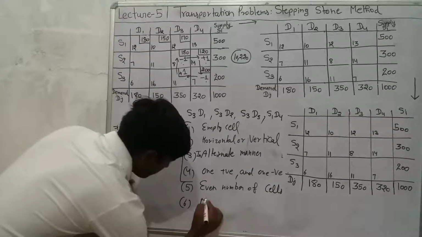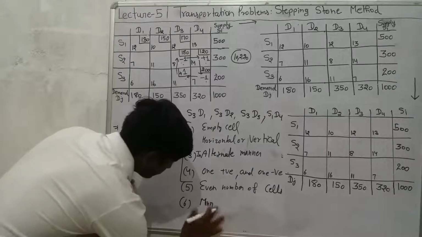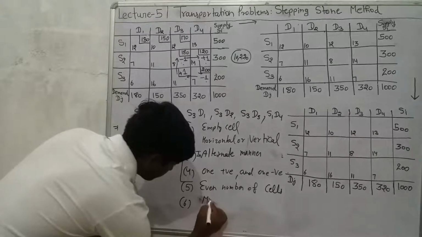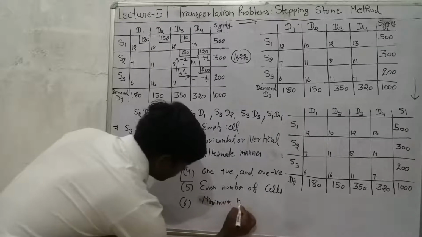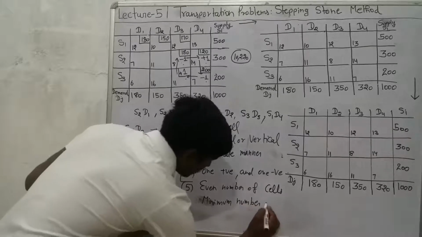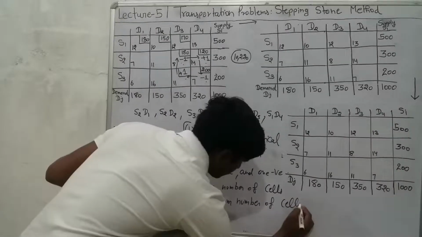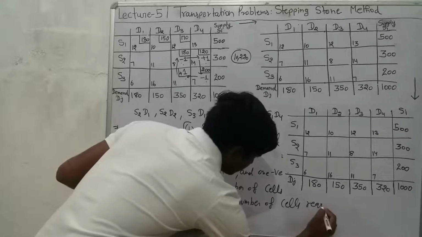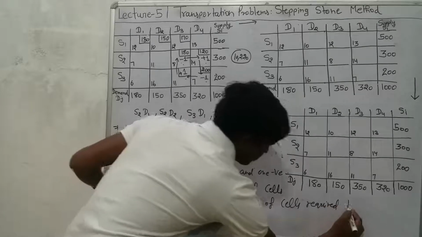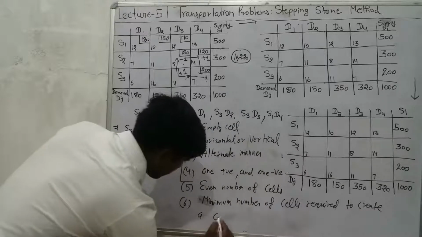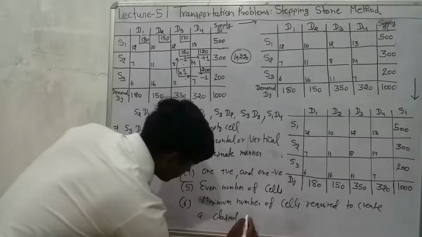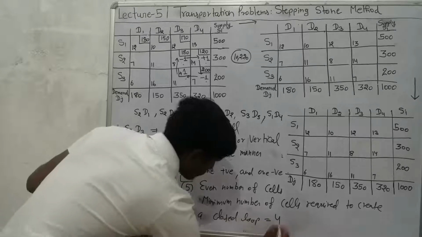The minimum number of cells required to create a closed loop is equal to 4.